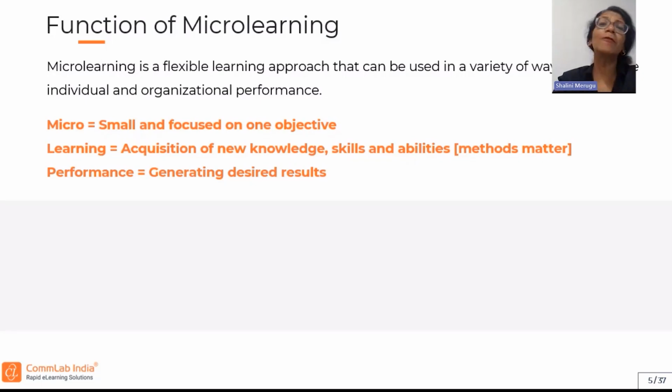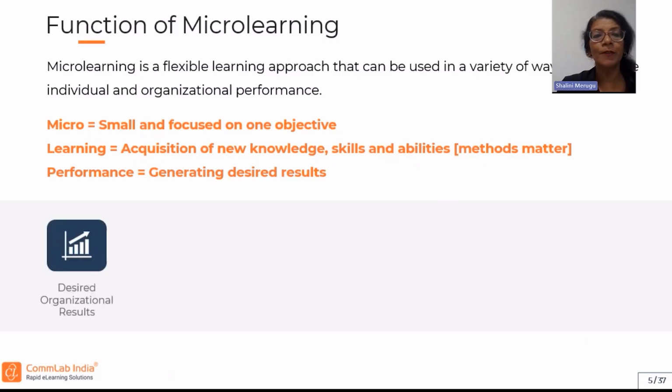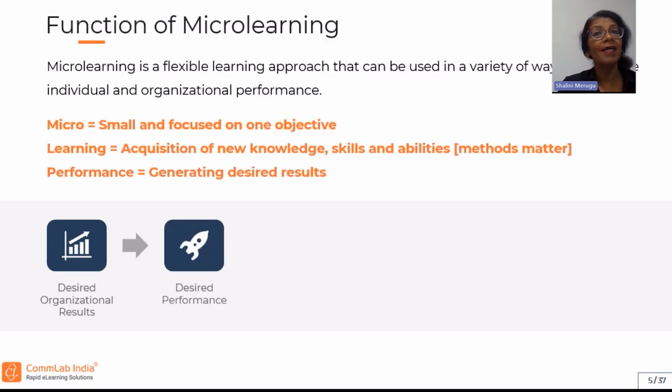Now, there are certain things we need to keep in mind before we dive into deciding that microlearning is the format for my training requirement. Now, the first step is, of course, being aware of what are the desired organizational results, what are the outcomes the business is aiming for, to sell more, to bring down customer complaints by X percentage, whatever it may be, to be able to clearly identify the desired outcomes and thereby benchmark the desired performance.